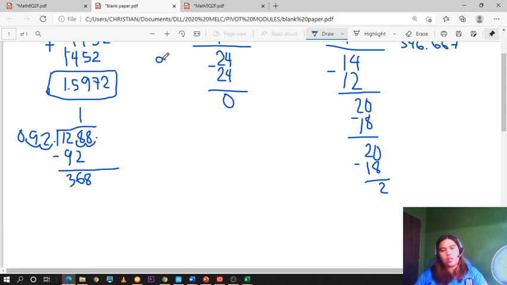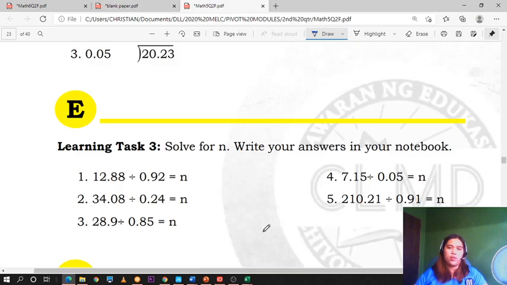So, try nga natin ang 4. 2 times 4 is 8. 9 times 4 is 36. Okay, so 368. So, ito ay 4. 4 times 92 is 368. And 368 minus 368 is 0. So, ang answer po for number 1 is 14.